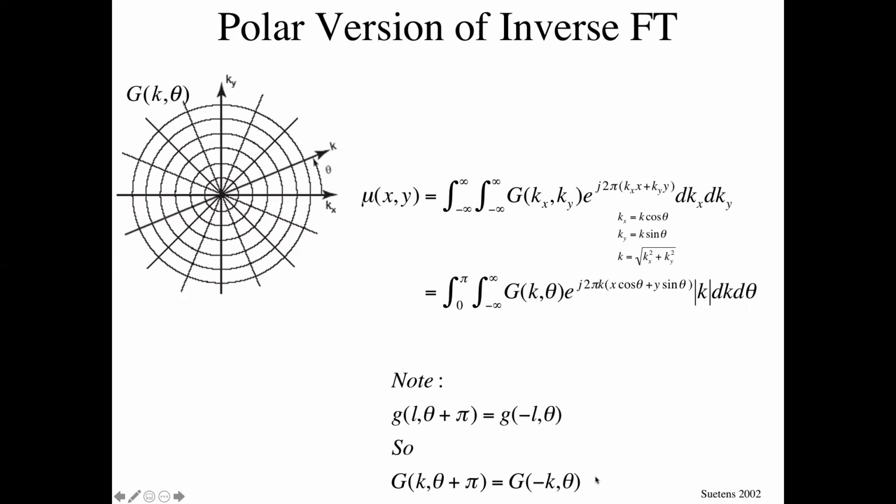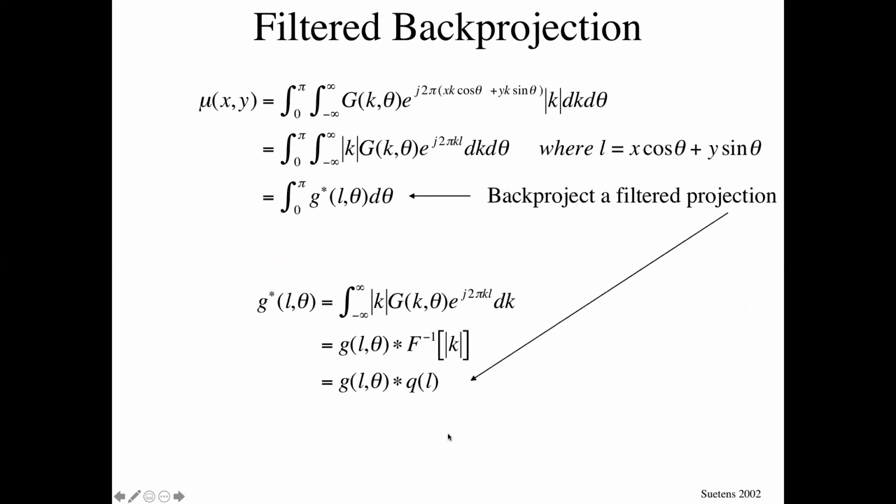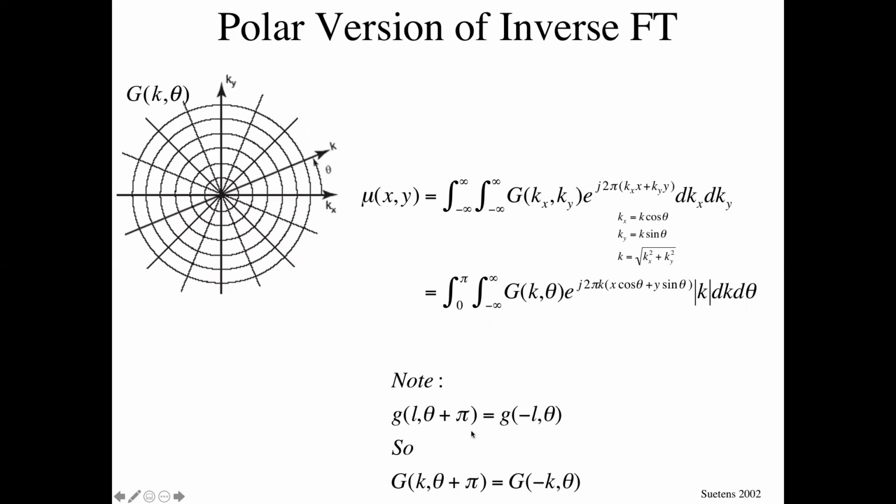And then there's a couple of relationships here, where we know from symmetry that the projection along L at some value theta is equal to the projection at theta plus pi, just with L flipped.